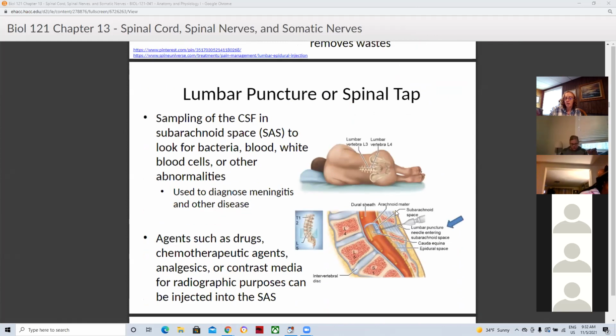A lumbar puncture or a spinal tap is a sampling of the cerebrospinal fluid from the subarachnoid space to look for bacteria, blood, white blood cells, or other abnormalities. They use this to diagnose meningitis and, I'm guessing, other issues too.